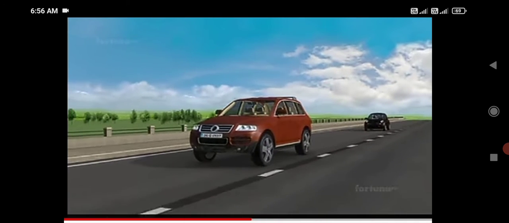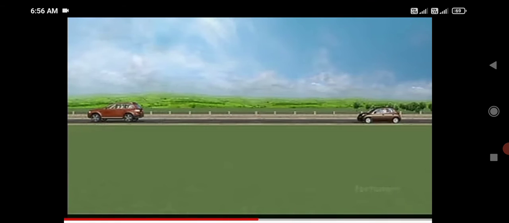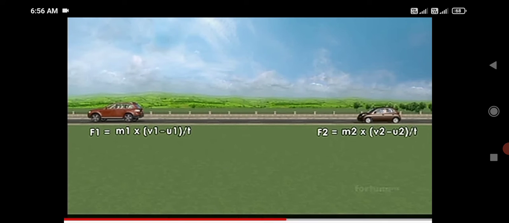The force on the second car is F2 equals m2 into v2 minus u2 by t. Here v1 minus u1 by t and v2 minus u2 by t are both accelerations.